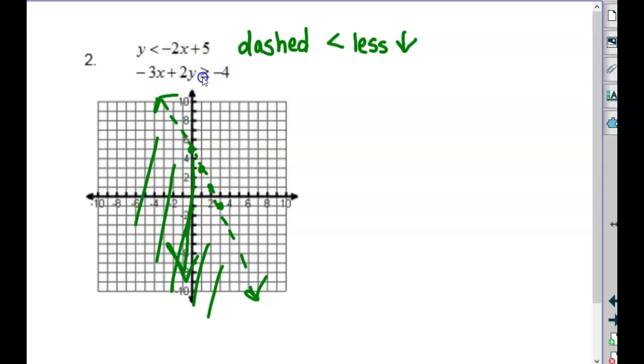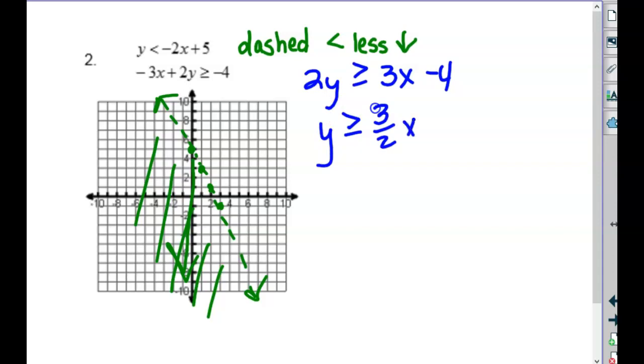All right, if I add 3x over to the other side here, I don't know if this is how you guys would do this. Then divide by 2. Do I need to flip the inequality around? So it crosses at negative 2, up 3 and over 2. I think that's where they intersect. Solid or dotted?